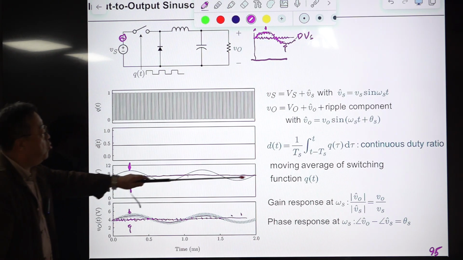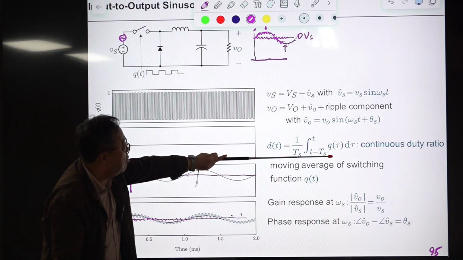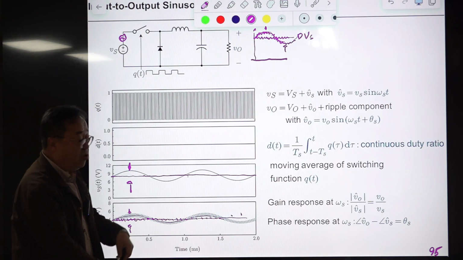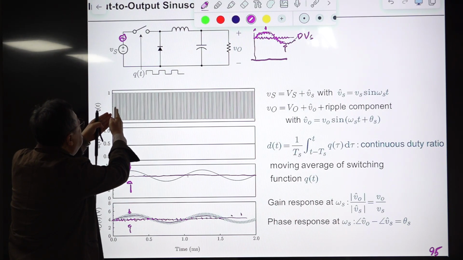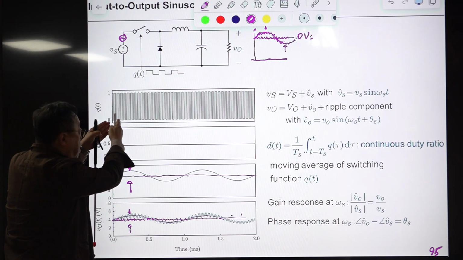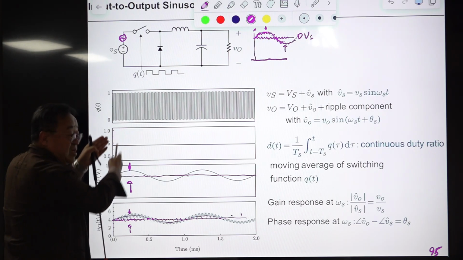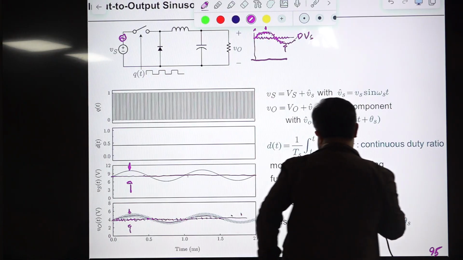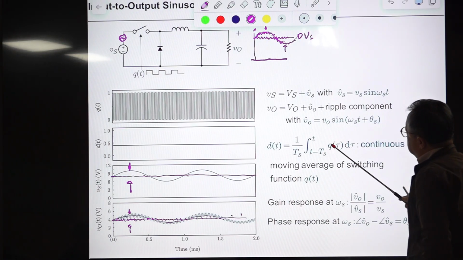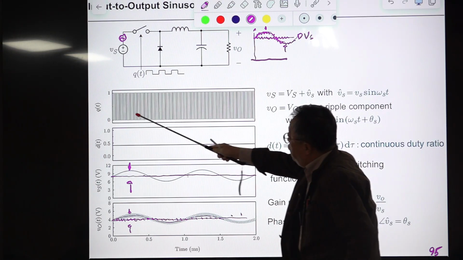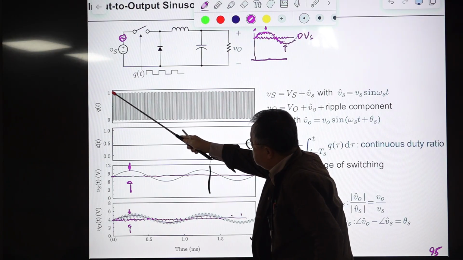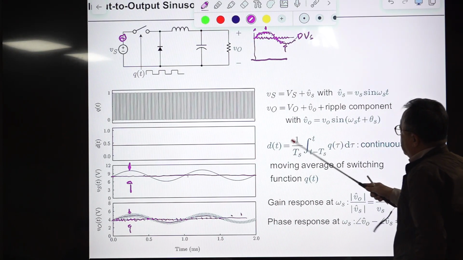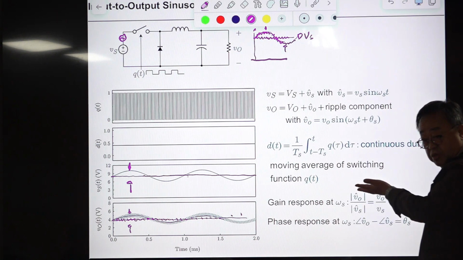That concept is shown here. Okay. So d(t) is the continuous duty ratio. We average this value, and the averaging period is Ts. So this quantity, we integrate this switch function, which varies between 1 and 0, and we divide by the switching period.